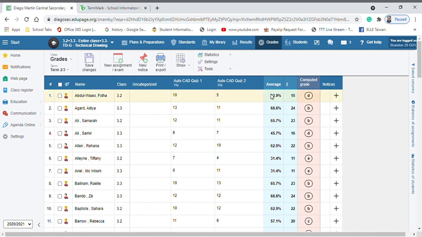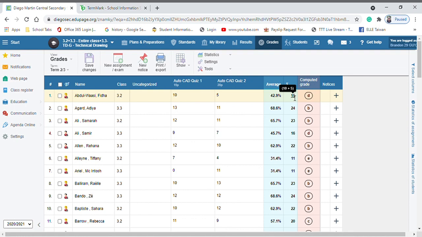So here we can see I have two quizzes, 15 points and 20 points respectively. The total that this particular student got is 15 points. So we see right here it is 10 plus 5, which will give you 15.